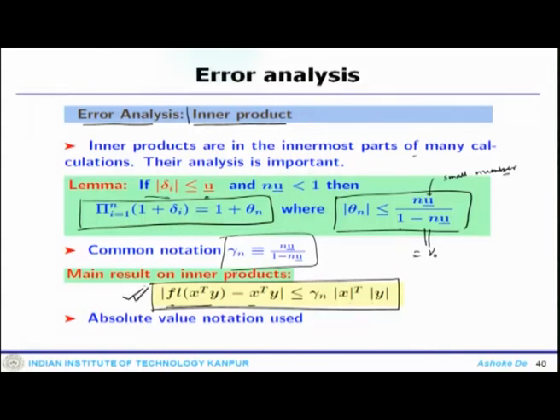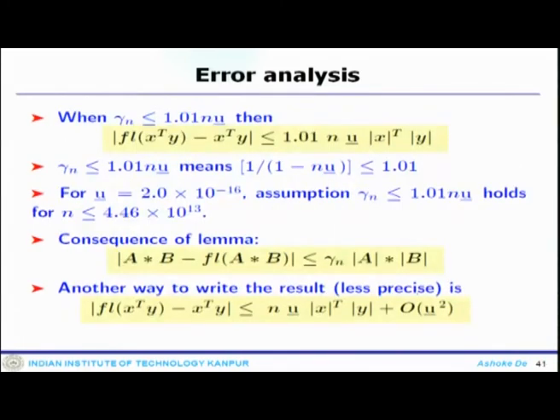So, this is a very very important theory that is required for this computing of this matrix system. Now, one can look at this using some sort of numbers. Let us say when your gamma n is less than or equal to 1.01 n u, then the magnitude of floating point x transpose y minus x transpose y would be less than that.